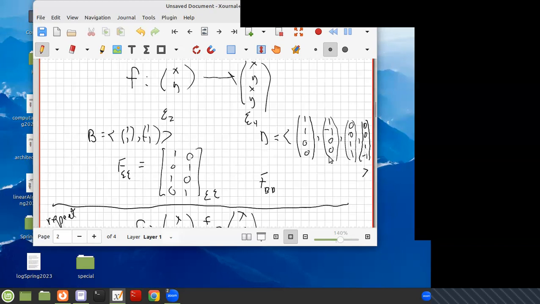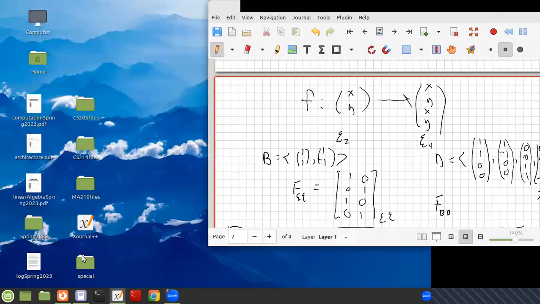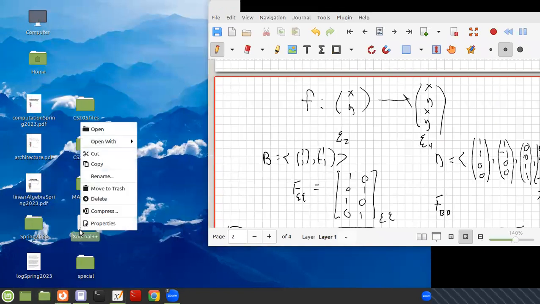I wanted to do something simple, but maybe it was too simple because now FBD is identical to FEE, that's what would have to happen. So the question is now, is that going to happen?